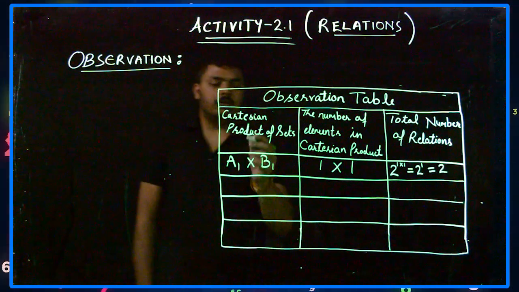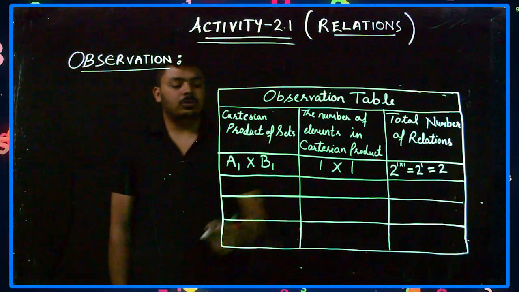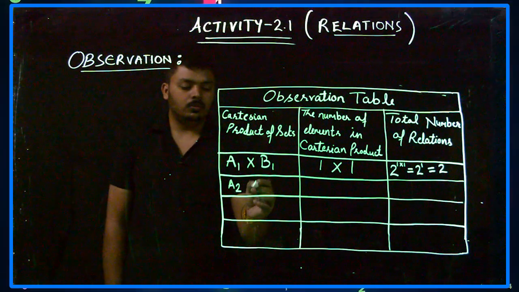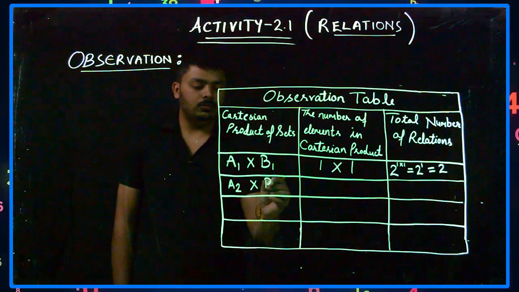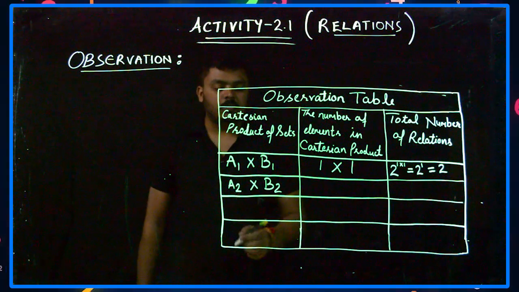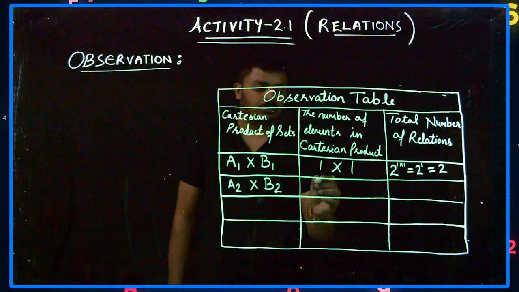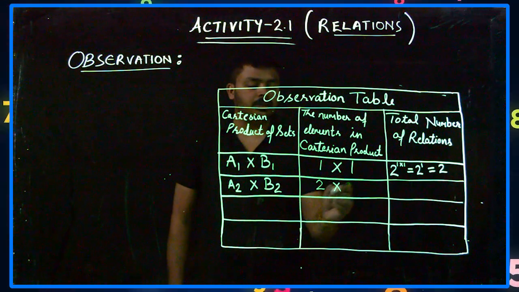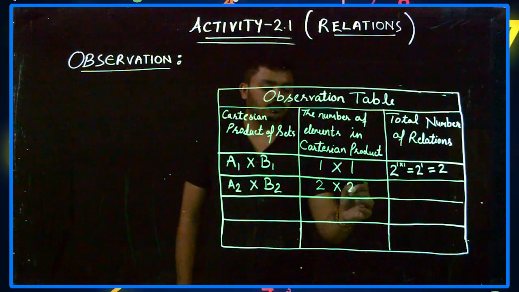Now similarly, our second Cartesian product of sets was A2 into B2. The number of elements in set A2 was 2 and the number of elements in set B2 also 2.